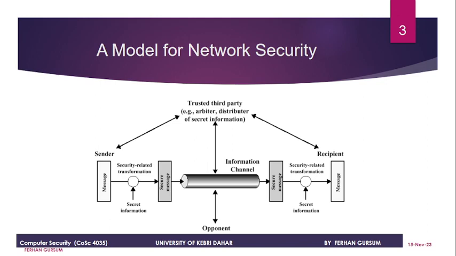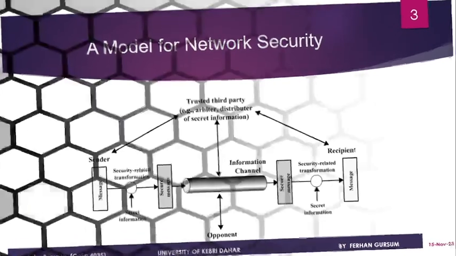So we have here a trusted third party, which means an arbiter or distributor of secret information. This is called notarization. When we put in a trusted third party, it's called notarization. So this is a model for network security. You have to know this.